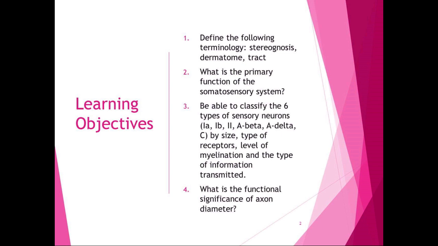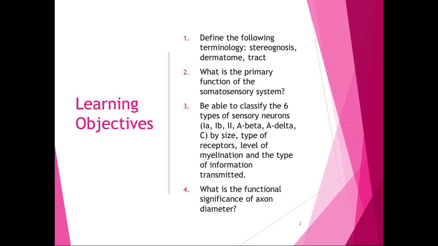So the functional significance of axon diameter: larger axons transmit information faster. And so these 6 types of sensory neurons are listed by size. The 1 alphas are the biggest and the C's are the smallest. So the level of myelination, there's no specific measurement for that, but we're going to talk about more myelinated versus less myelinated.